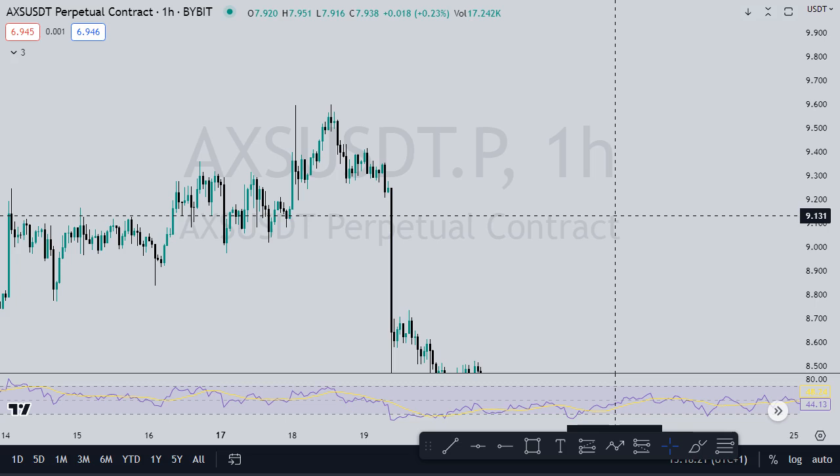Today, I am going to be teaching you about my favorite candlestick pattern called the inside bar. The inside bar is a sweet pattern if you know how to recognize it, if you know how to see it or where to look out for an inside bar.